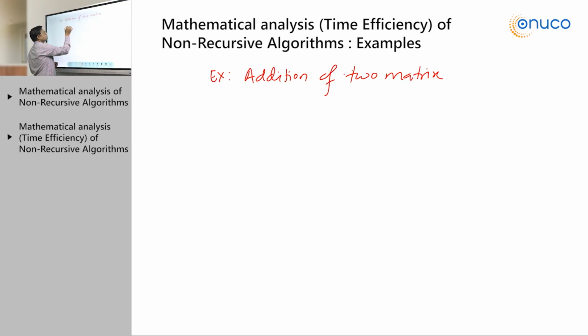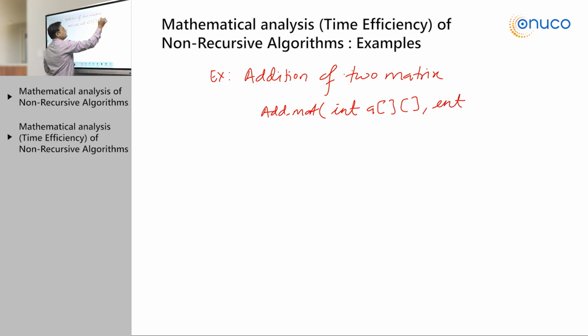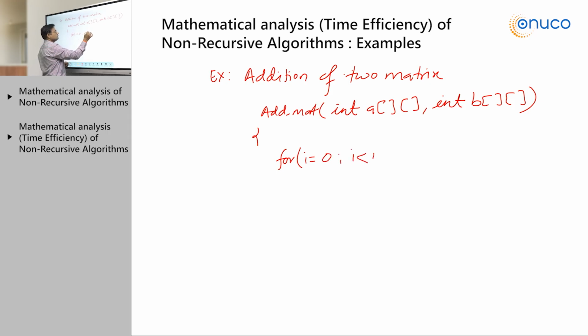Just write add matrix, and we write int a and int b, and for i is equal to 0, i less than n, i plus plus.